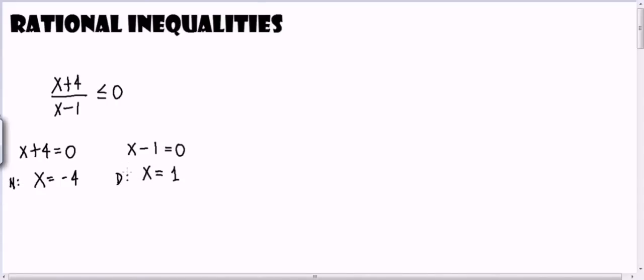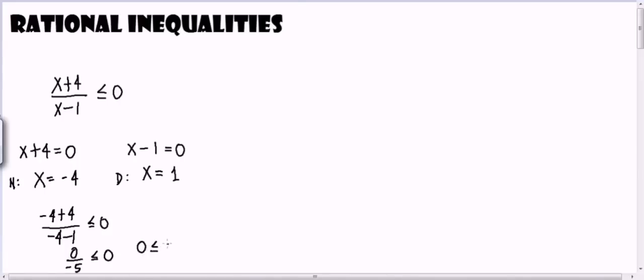After you get the zeros of the numerator and denominator, you test whether each one makes the rational inequality true or false. Let us start with the numerator's negative 4. I substitute it for x: (-4 + 4)/(-4 - 1) less than or equal to 0. Basically, I just replaced x with the zero of the numerator. Negative 4 plus 4 is 0, over negative 5, since negative 4 minus 1 is negative 5. 0 divided by negative 5 is 0, because 0 divided by any number is 0.